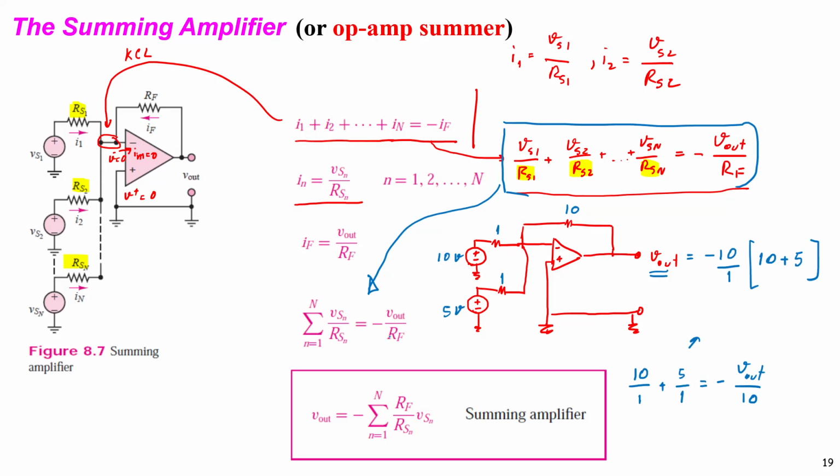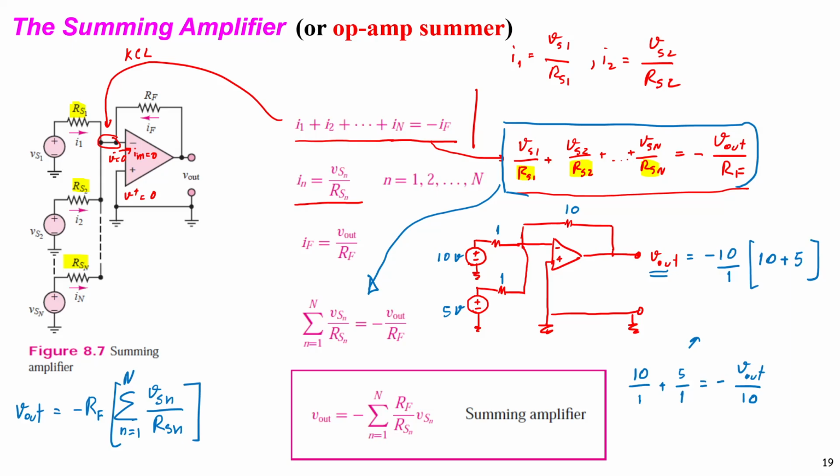RF is constant, so moving RF to this side, V out equals minus RF multiplied by this summation term, the sum of Vsn by Rsn, with n from 1 to n.